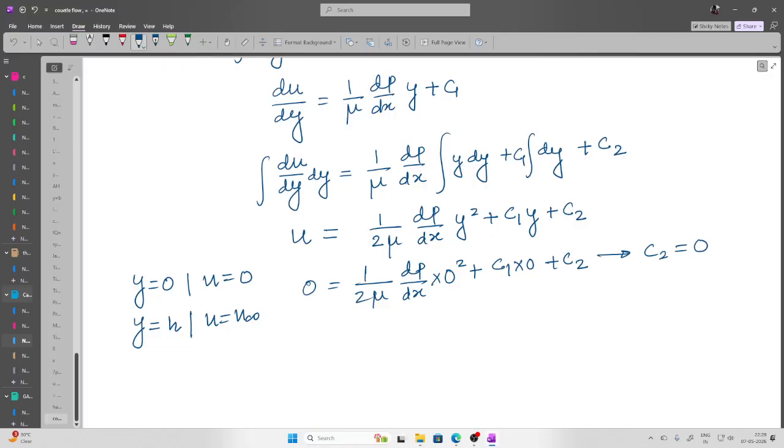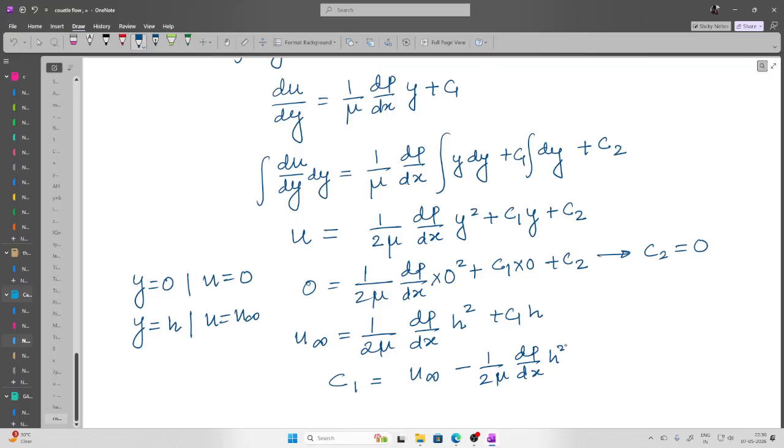If we replace the second boundary condition here, you will be getting u infinity equals 1 by 2 mu dp by dx, and this y will become h, plus c1 h plus c2, but c2 is 0. So from here I can write c1 as u infinity minus 1 by 2 mu dp by dx h square, and then whole 1 by h.